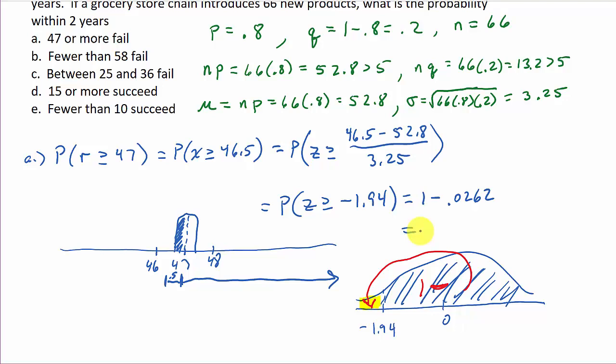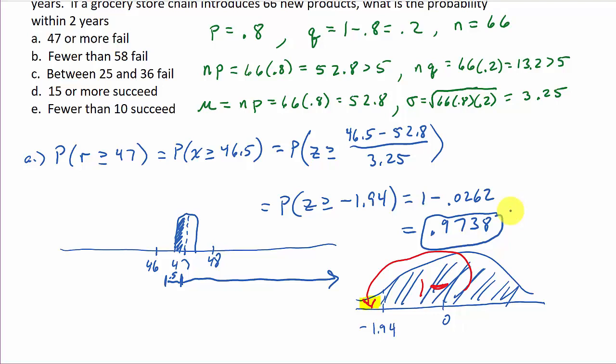So that's going to be 1 minus 0.0262, which gives me 0.9738, and that would be my probability. Okay, all right, so let's look at the next one.